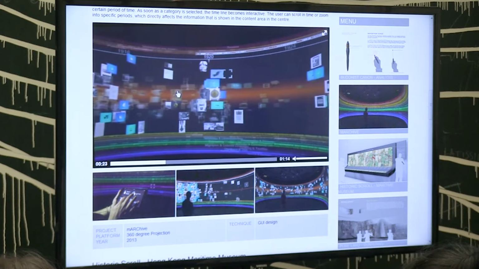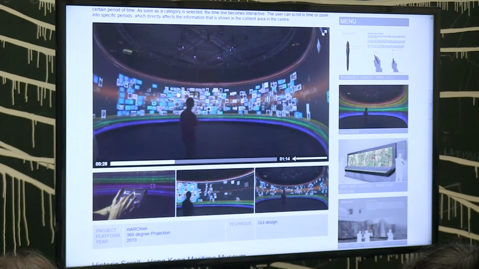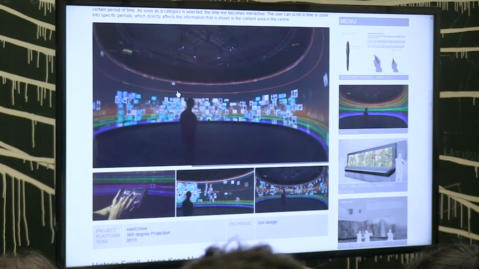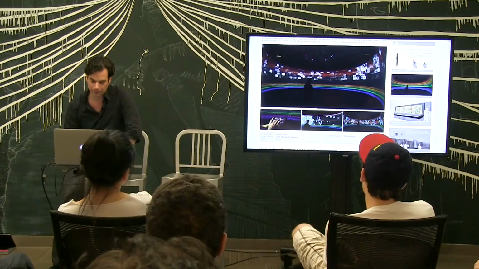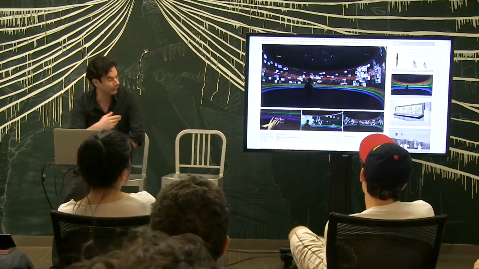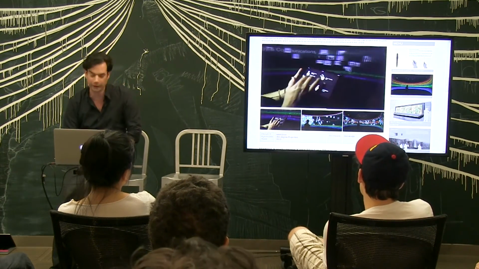And of course, if you have such a surrounded information space at this scale, you can map a lot more information than you can map on a screen. And my part in this project is taking care of the interaction design.